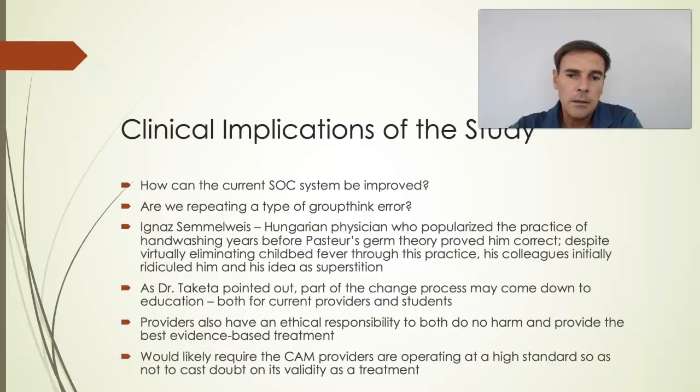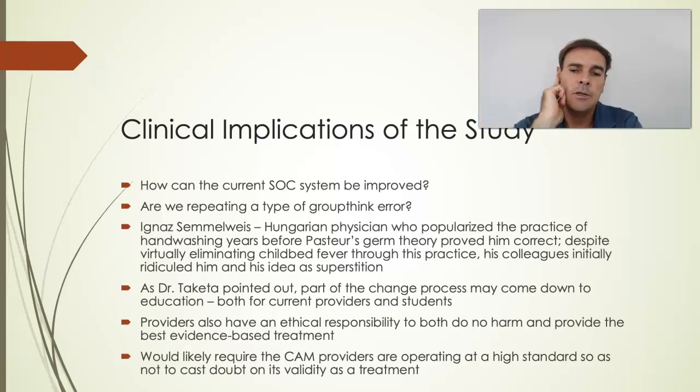In terms of the clinical implications of the study, it's really how can the current system of care be improved. I was wondering at times if this is a groupthink error. So medicine's made some mistakes in the past. Like, for example, there's this guy, Ignaz Semmelweis.